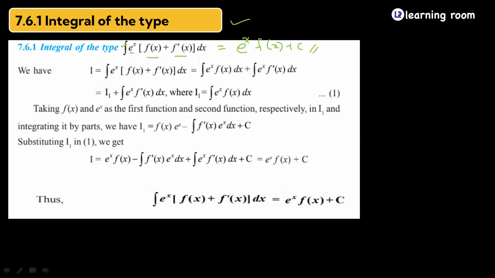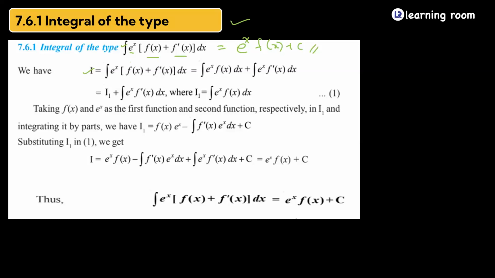Okay, I've done that. Now let us see what the proof for this is. If I take this whole thing as I, I is equal to integral of e power x into f of x plus f dash of x dx.